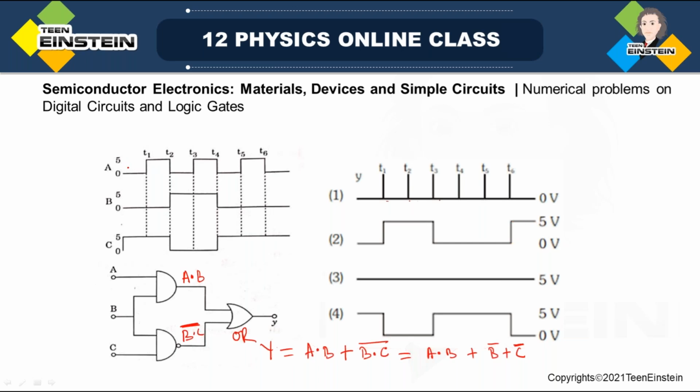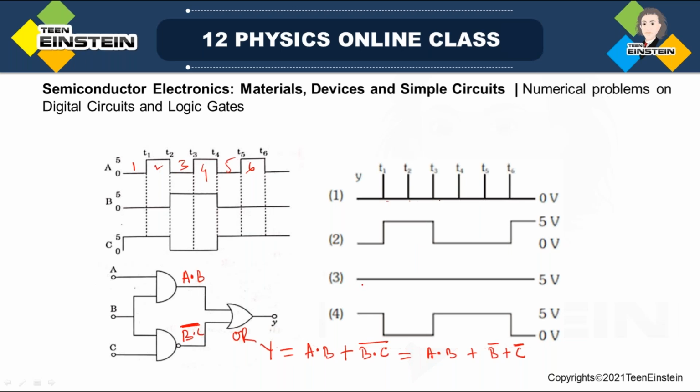So how many intervals do we have? This is one, this is the second interval, third, fourth, fifth, and sixth interval. So here the output has only three intervals. So that means the magnitude is varying with time.